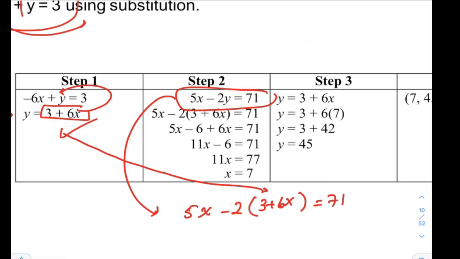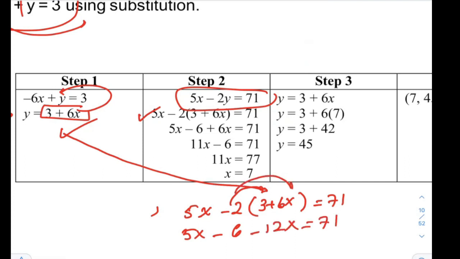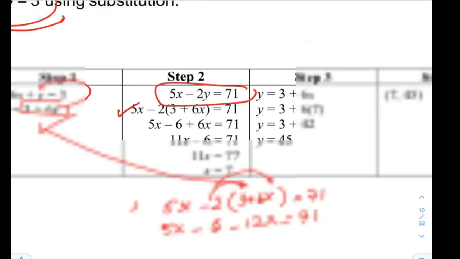So this step is also correct. This is done properly. But what's next? If you notice, you should distribute the negative 2 over the 3, so it's negative 6, and the negative 2 over the 6x, so it will be negative 12x. Unfortunately, he missed this one.